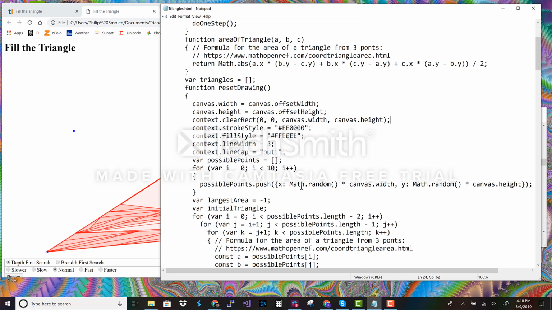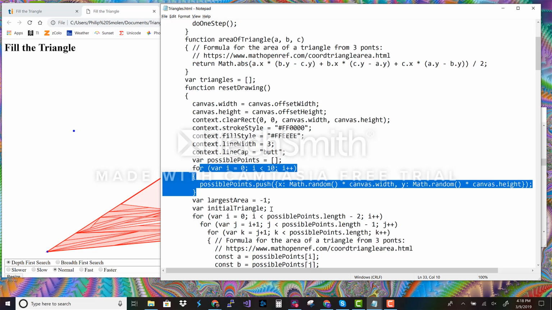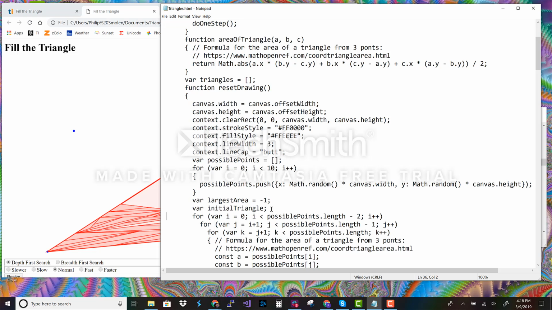So back to our same code here. This is right after we created the 10 random points. Well, I'm picking my first point anywhere except for the last 2 points. The rule is that the first point I grab has to come before the other 2 in the array. It's just a way to make sure I don't have any duplicates.